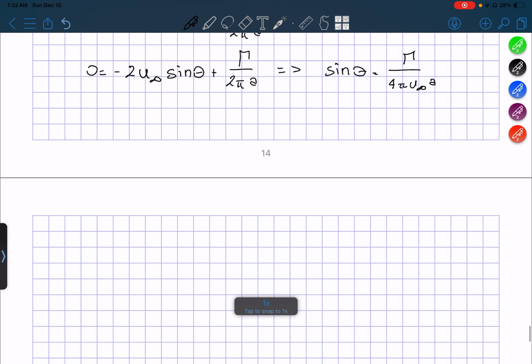So for example, let's just say that gamma divided by 4 pi u infinity a is equal to 0. Then we have no rotation, we have no vortex, so we don't have to worry about it.